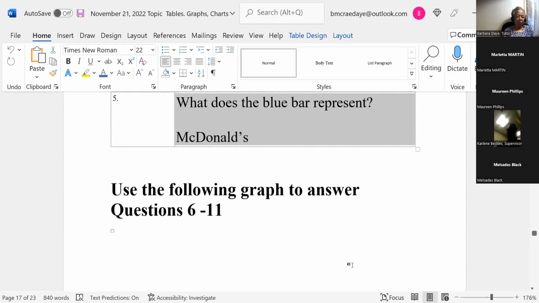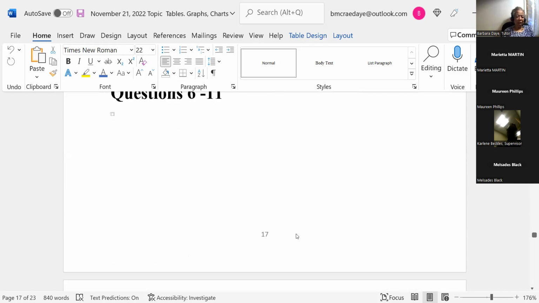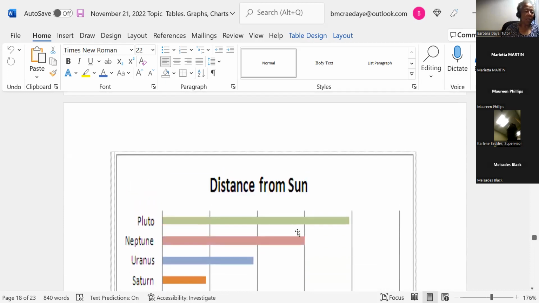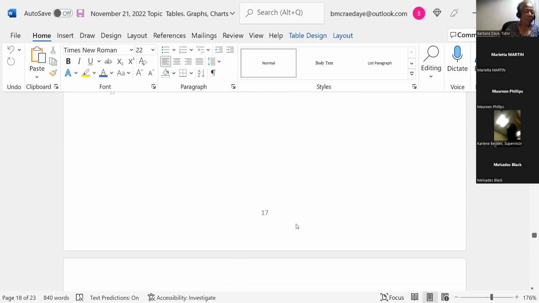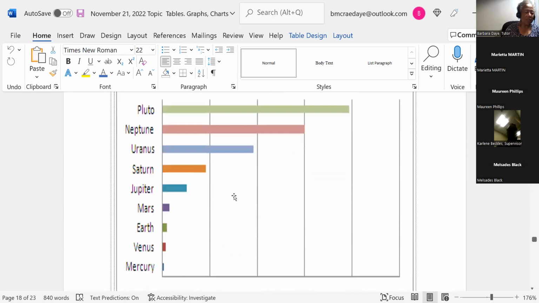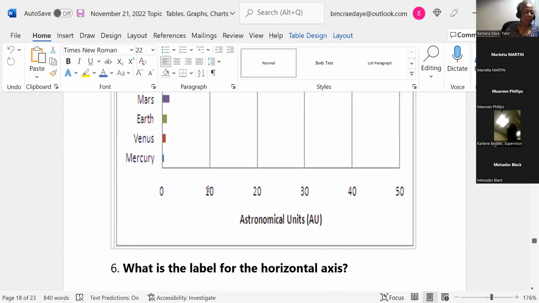Okay. Now, let's take another graph. I want you to look at this graph and we want to answer questions 6 to 11. Now, this is a graph showing the distance of the planets from the sun. And on the horizontal, what's the label?